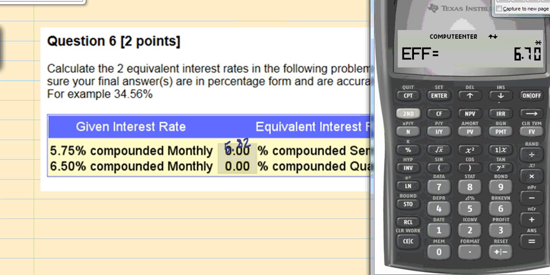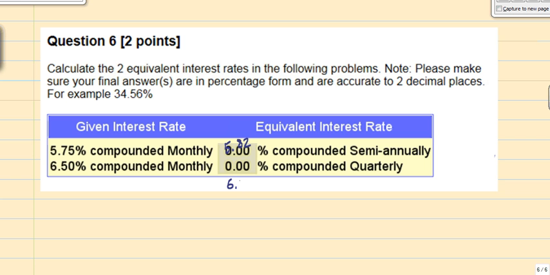Then we'll go to quarterly, so change this one to quarterly, which is 4, enter, and then look for nominal and compute: 6.54. Otherwise you look for the formula: ISAP2 is equal to 1 plus ISAP1 to the power of M1 over M2 minus 1.